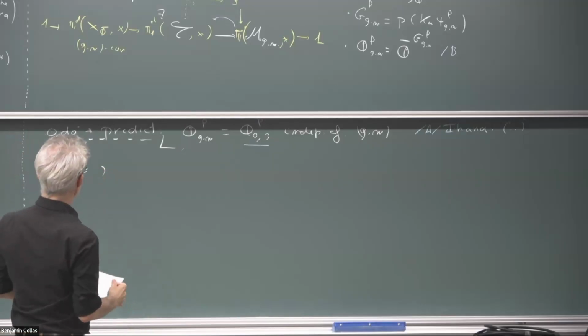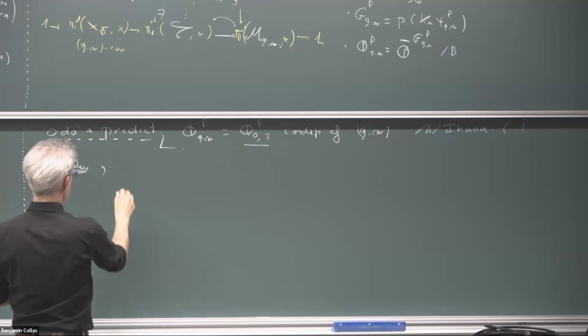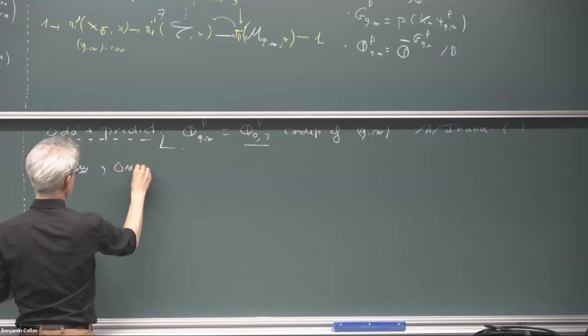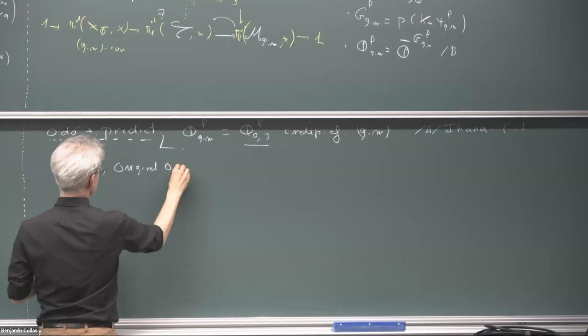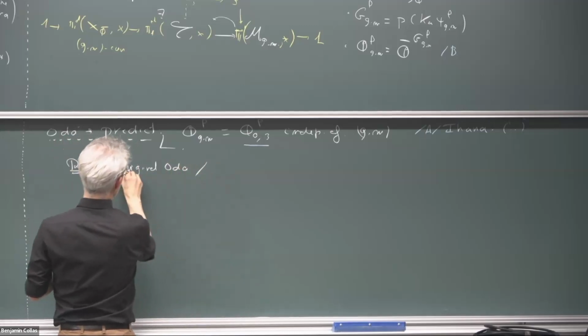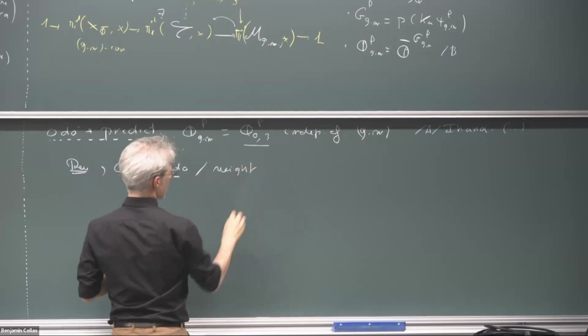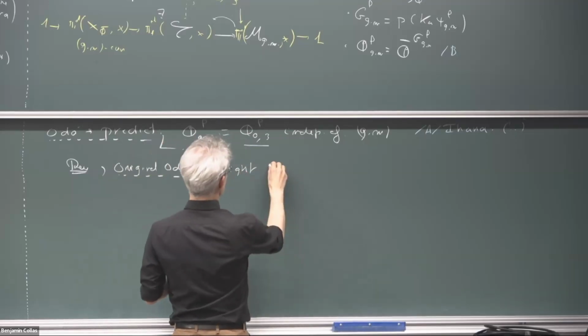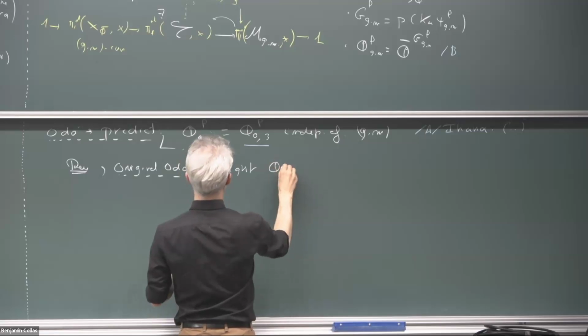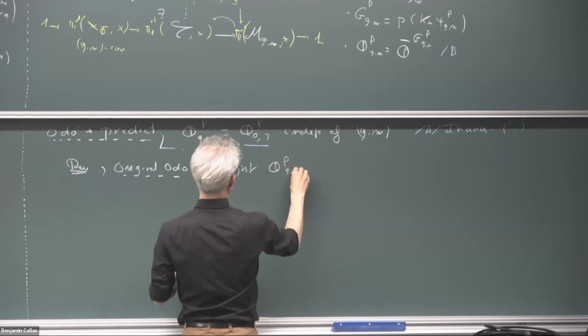Another very quick remark maybe is that it's not Oda's original prediction. So the original Oda involved in fact a weight which you see in the previous talk of Ishii. So you have tower QL GM.